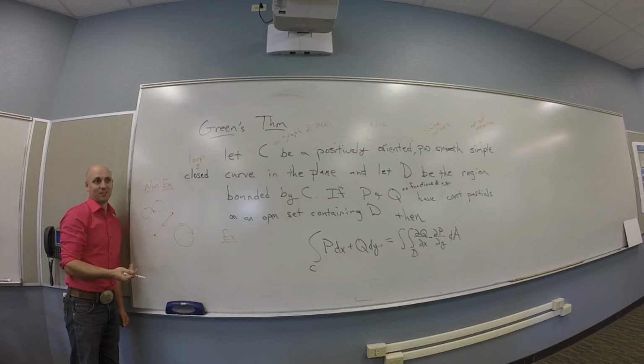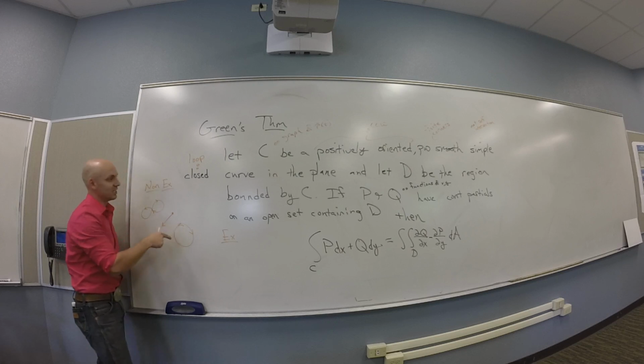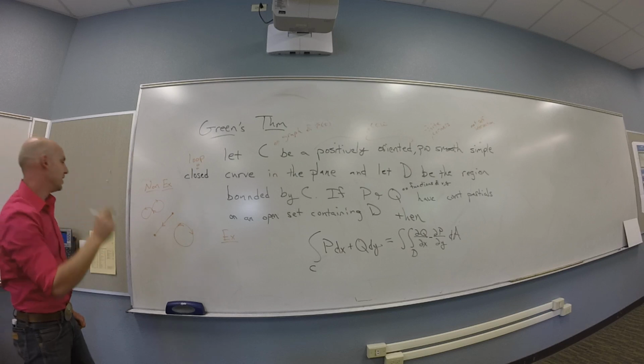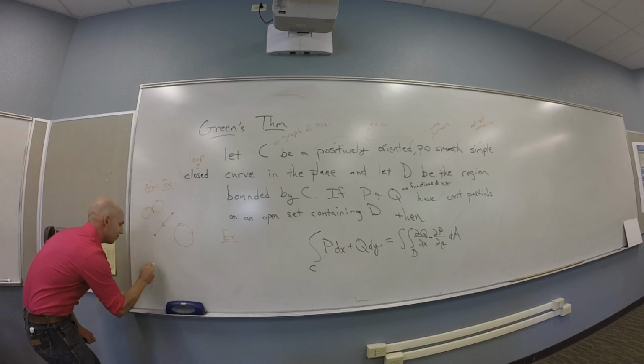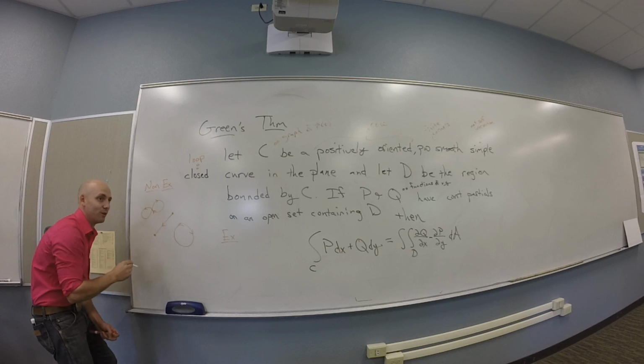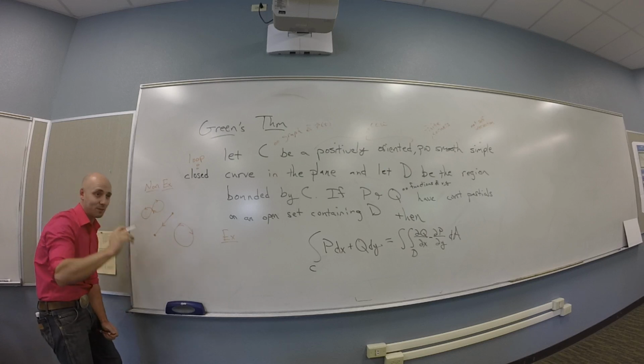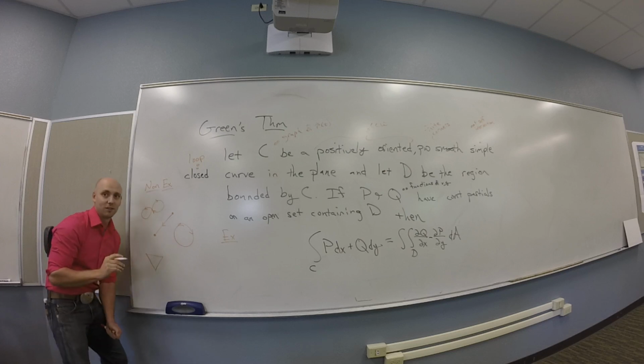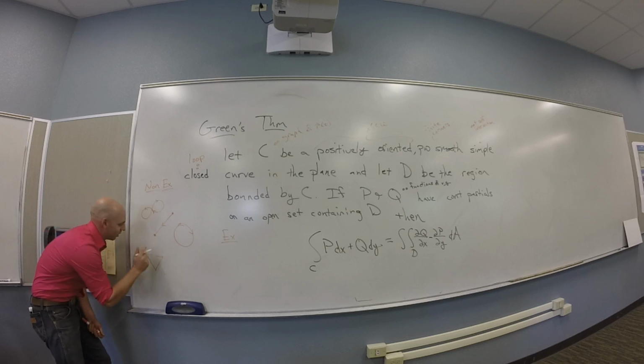You guys all good with that? Okay, that one at least is an easy fix. Let's see, what else did I miss? Oh, piecewise smooth. So here's an example of a curve that's not piecewise smooth. Bear with me because I'm going to have to erase some stuff here. So you start with a triangle, and then in the middle of the triangle you do this.